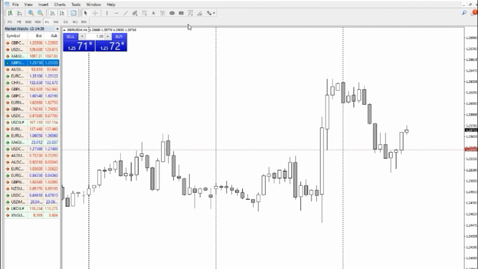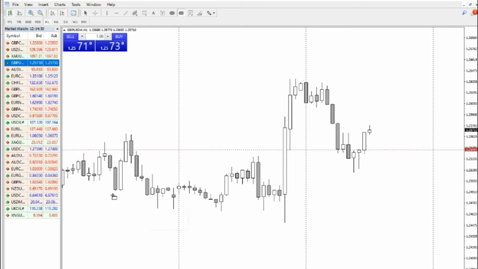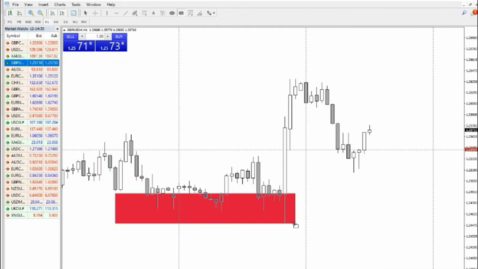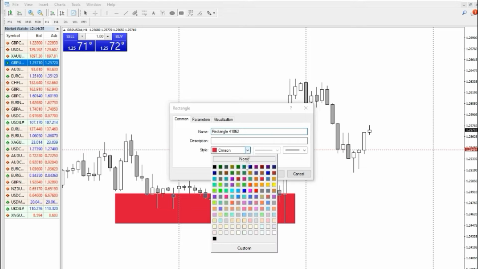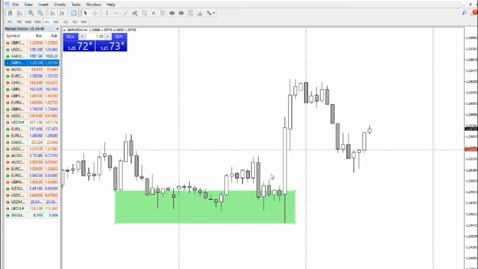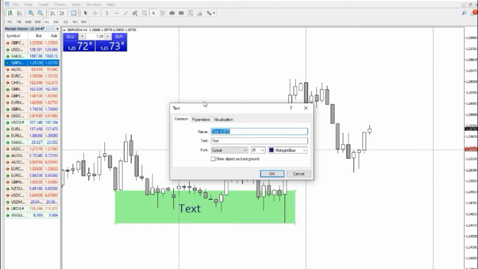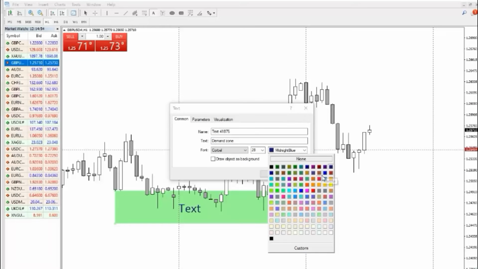Okay, first of all, we had a demand zone here, around this area. Let's make it green, I always like to make it green. Then let's label it the demand zone. And let's also make that a darker green.